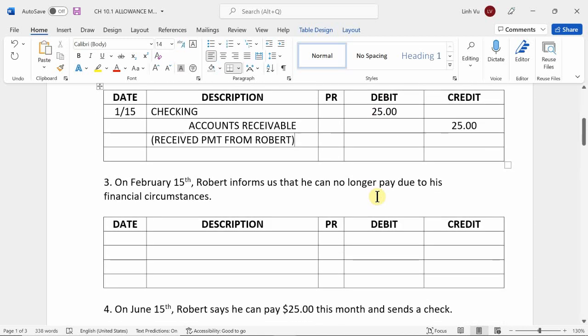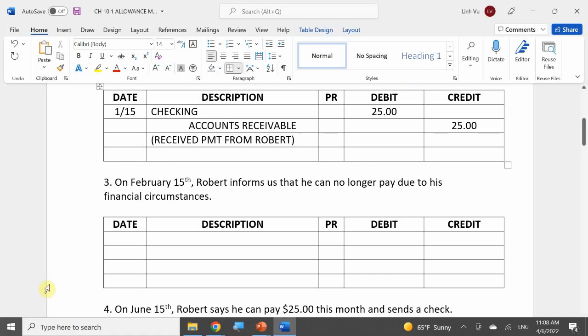On February 15, Robert informs you that he can no longer pay due to his financial circumstances. So what happened here? Robert can't pay you anymore. So what does that mean? Bad debt? Not bad debt. It's not the end of the accounting period. It's not the end of the year yet.